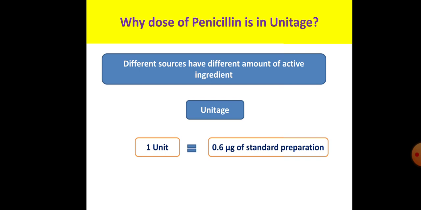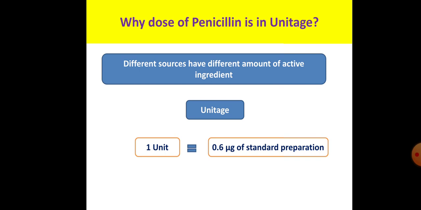So if you derive penicillin from any other source, and even if the quantity differs but the active ingredient is 0.6 microgram, then we can call it 1 unit.